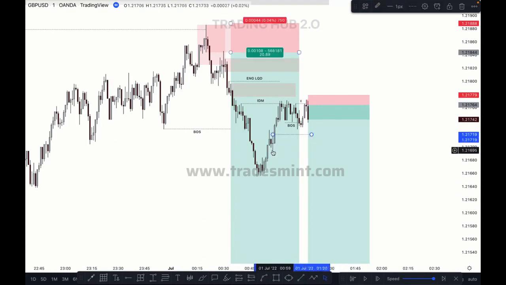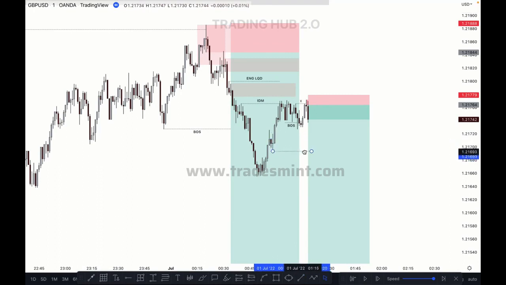Once market breaks this low, at least breaks this low, then we can move our stop loss to break even point. Correct, because this is our minor swing low, and after taking out this low we can take some partial. Okay, let's see, in case market maybe pushes higher to mitigate something here, then at least we can make good profit. If not making profit, at least we can cut on break even point.